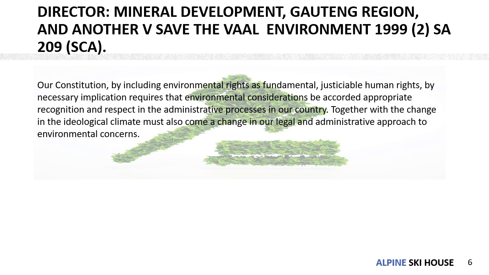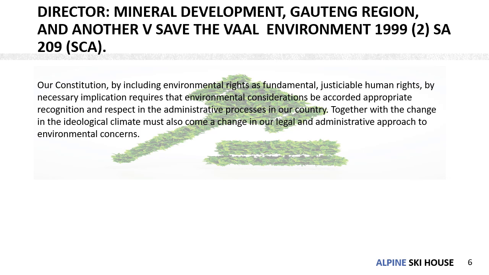The court declared that the applicant could not prevent the first respondent from taking a decision he considers appropriate for the optimal utilization of resources, but that he had the right to make a representation and to be heard before the respondent took the decision to grant the license. The matter was remitted to the first respondent to reconsider the application afresh. So we are looking at the fact that administrative decisions have to consider the environmental impact.